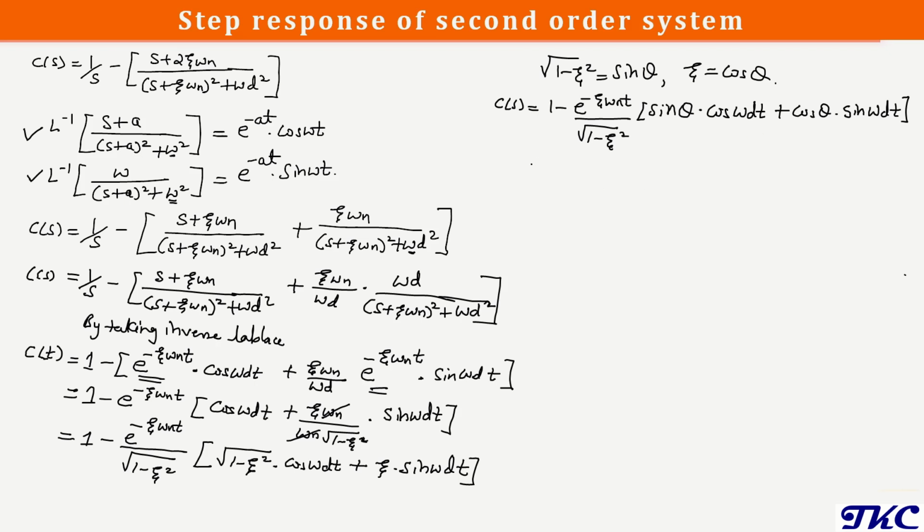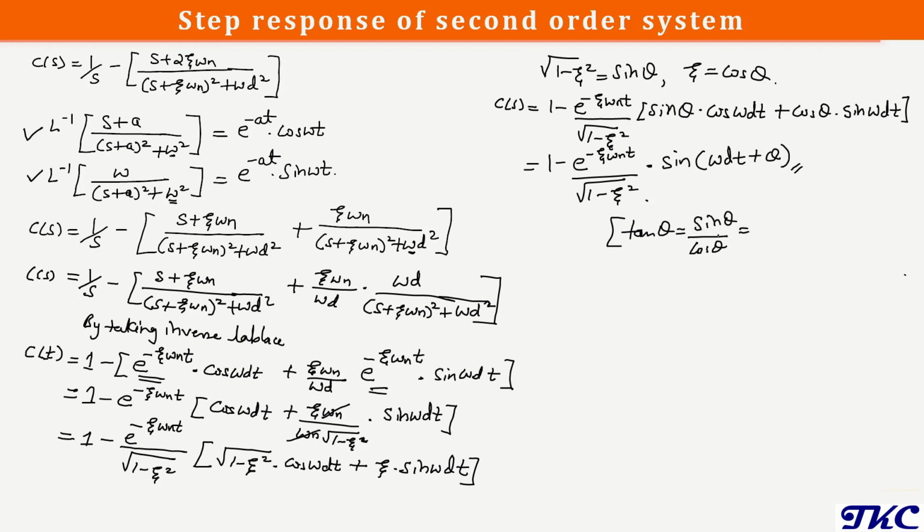So let's write our output again. It will be 1 minus e raised to minus zeta omega n t divided by root of 1 minus zeta square, now this will be sine of omega d t plus theta. So this is the output. Now here, in order to find the value of theta, we can have tan theta is equal to sine theta upon cos theta.